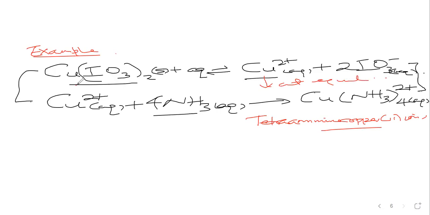Therefore, more copper 2 iodate dissolves. Why does more of it dissolve? To restore the equilibrium, maintaining the value of the equilibrium constant, hence increasing solubility.